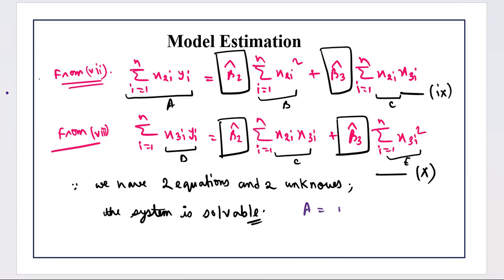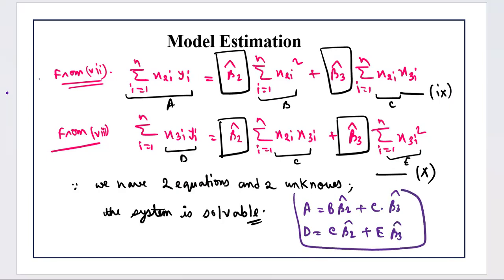So A will be equal to D beta 2 cap plus C beta 3 cap, and then B will be C beta 2 cap plus E beta 3 cap. Right, now it is reduced.